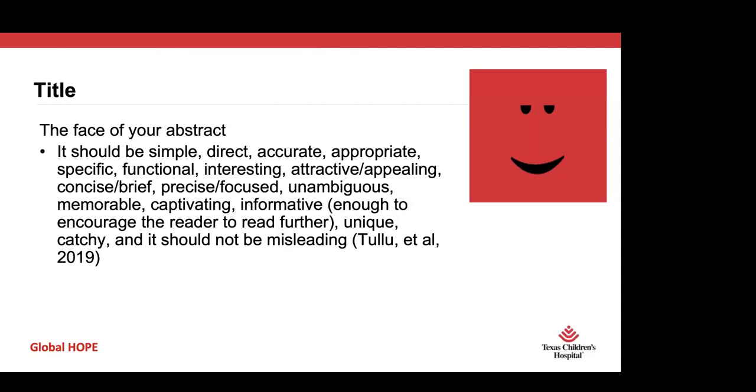I would say don't do that. Keep it short and simple, but informative and captivating. And the title needs some time. Our titles change in abstracts over time when I start drafting them, because you often go back and go, okay, it really doesn't reflect what we're trying to do. So pay attention to your title.